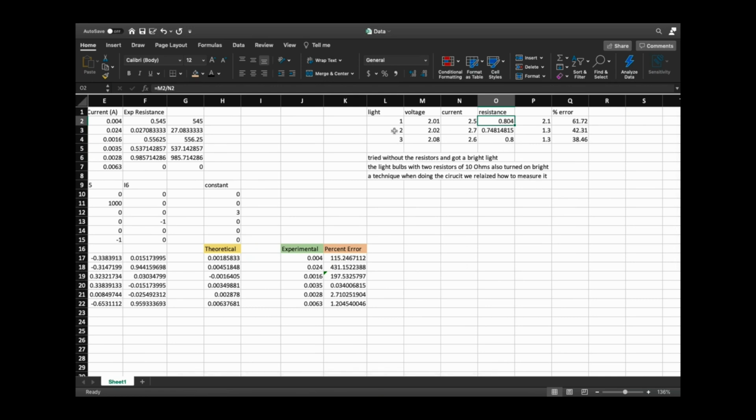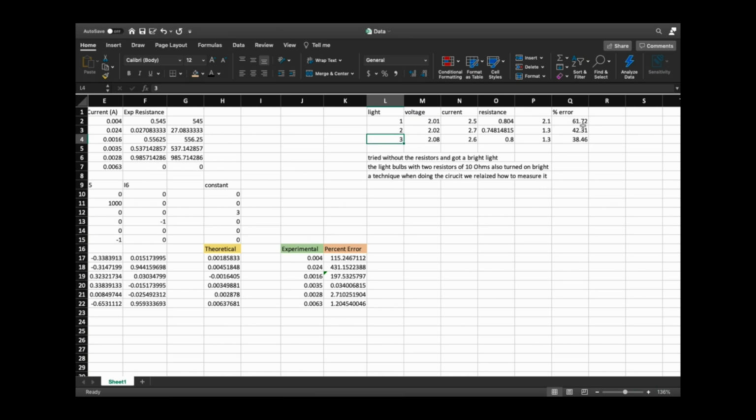Now with the second part we did with the light bulbs is that we also measured the voltage and the current according to Kirchhoff's law, and that the amount of voltage and current going in should equal the voltage and current going out. And from there, we also found our experimental resistance as well by simply dividing our voltage by our current and got each resistance from our 3 light bulbs.